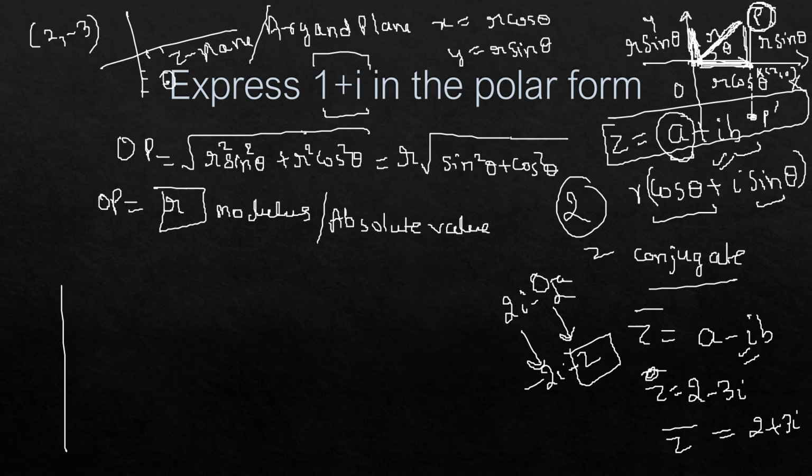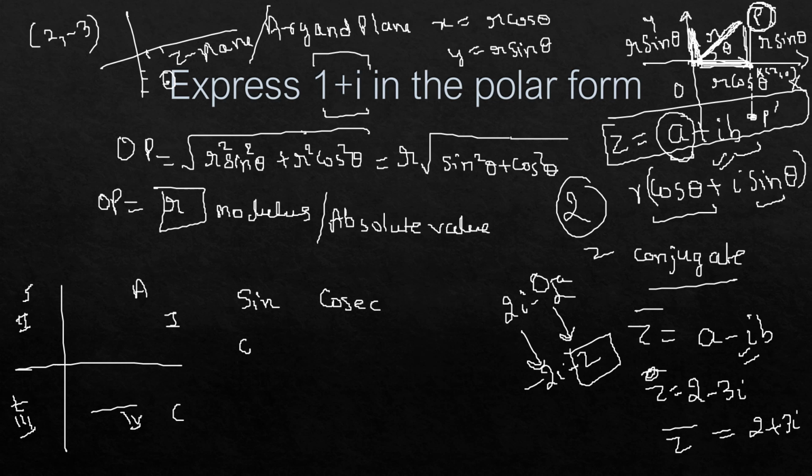If we have quadrants, this is first quadrant, this is second quadrant, third, and then fourth. There is a trick, after school to college. You know about trigonometric ratios. We have sine, then opposite of sine is cosec. We have cos, opposite of cos is sec. And then tan, and opposite of tan is cot. Correct?